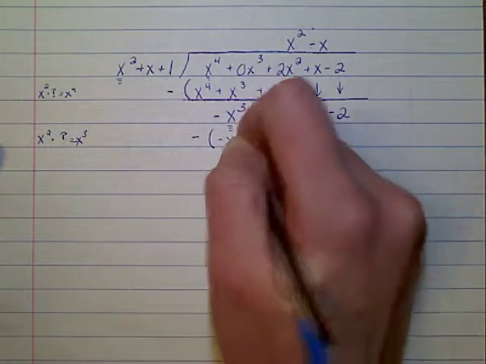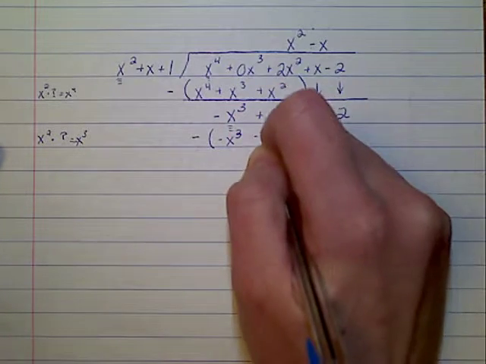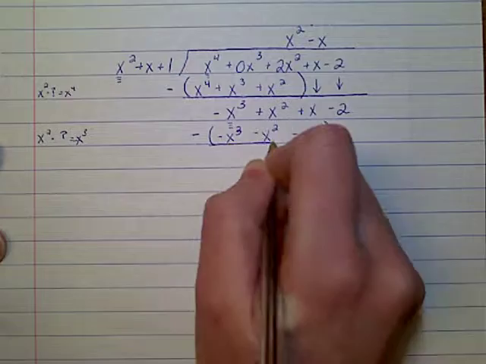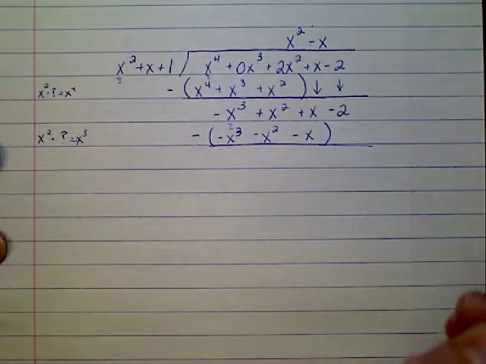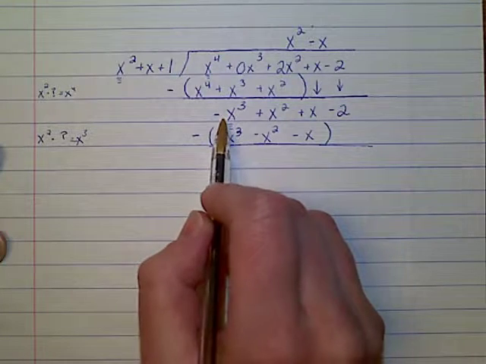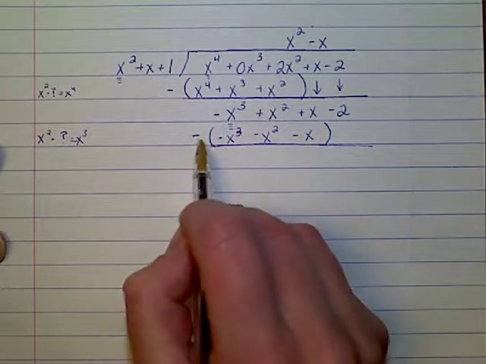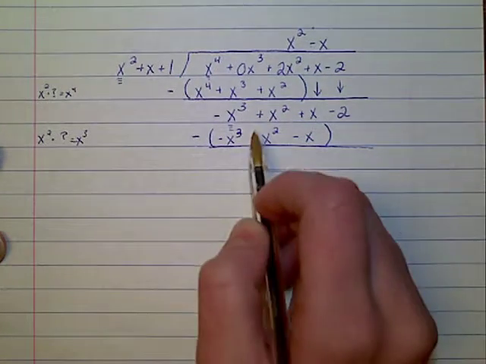So that would be a negative x cubed, a negative x squared, and a negative x. Now we have a lot of minus signs and negative signs floating around in here, so be very careful. Negative x cubed minus a negative, that's going to become a plus sign really, and it will actually cancel with the x cubed.